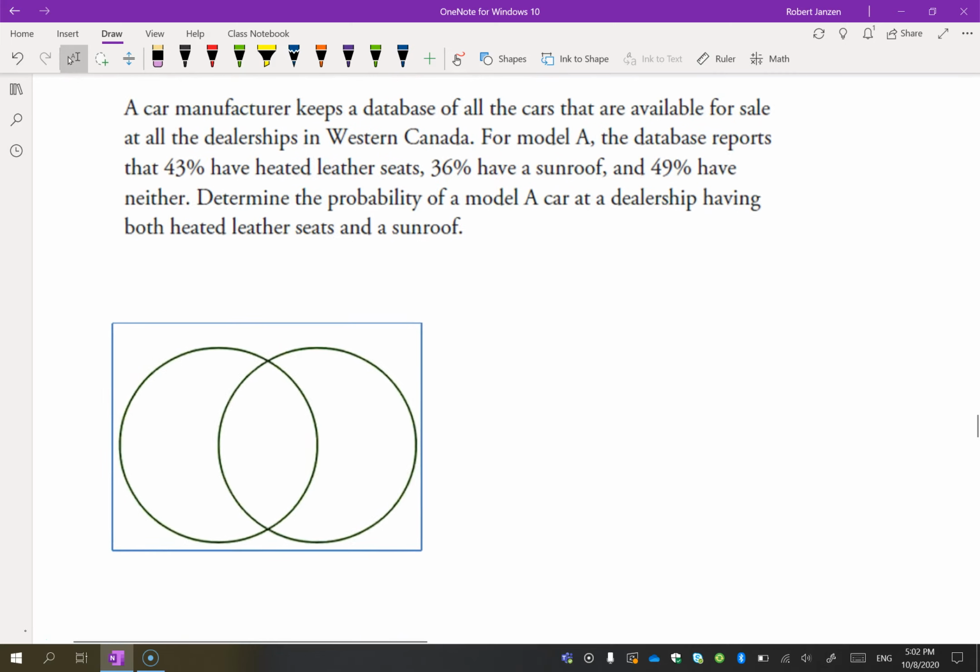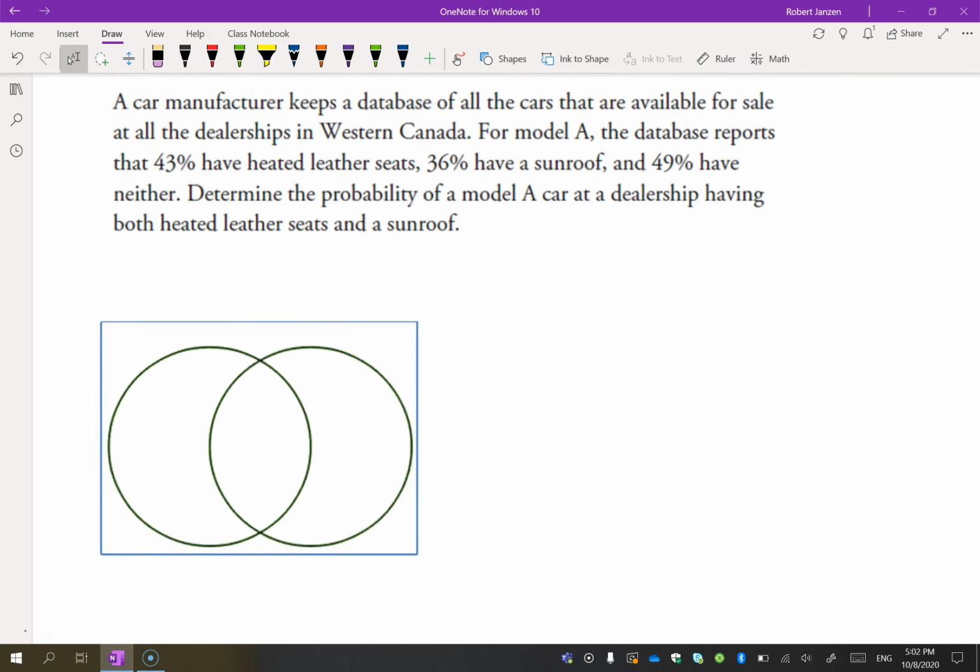Okay, car manufacturer keeps a database of all the cars that are available for sale at a dealership in Western Canada. For Model A, the database reports that 43% have heated leather seats, okay, and 36% have a sunroof, and 49% have neither. All right, so here's the database. Again, it's going to be 100.